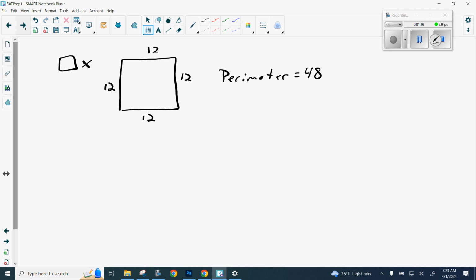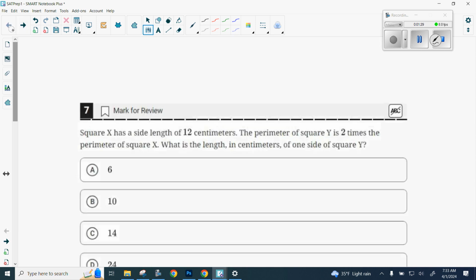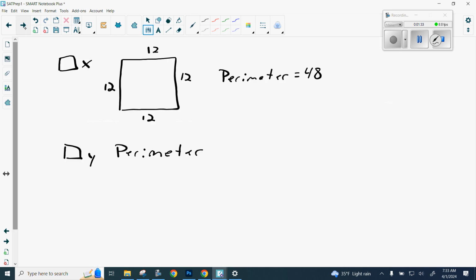For square y, the perimeter is 2 times the perimeter of x, which equals 2 times 48, and that's 96.